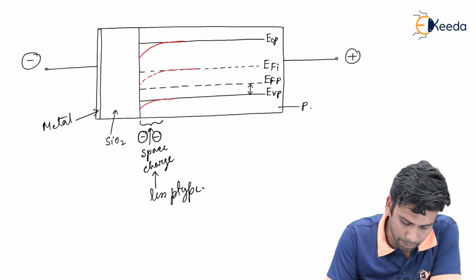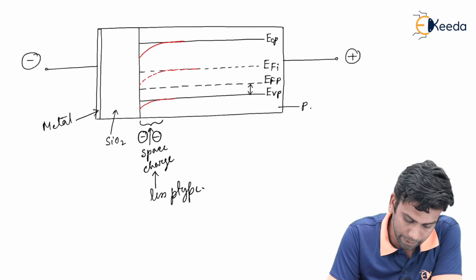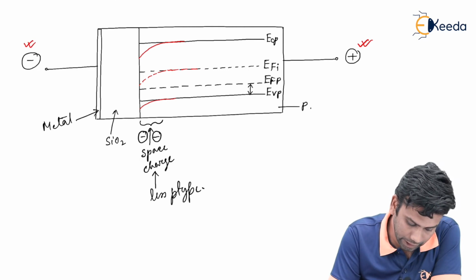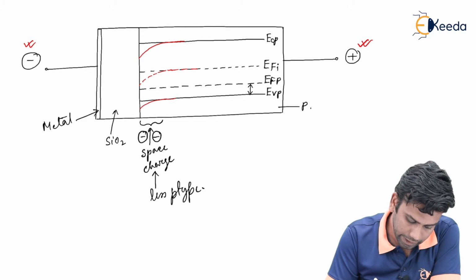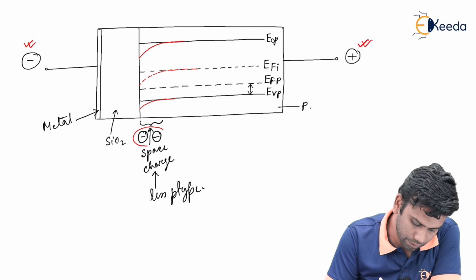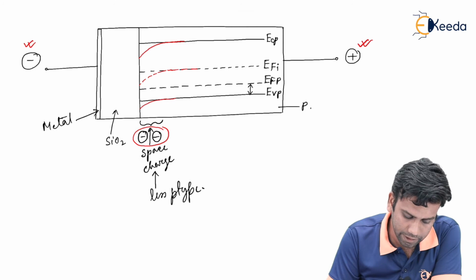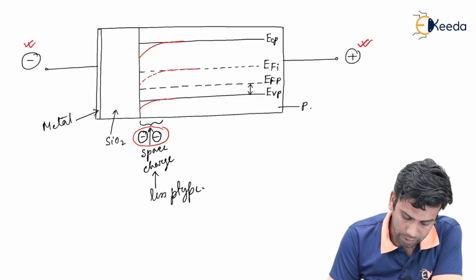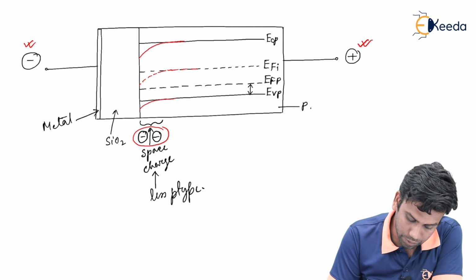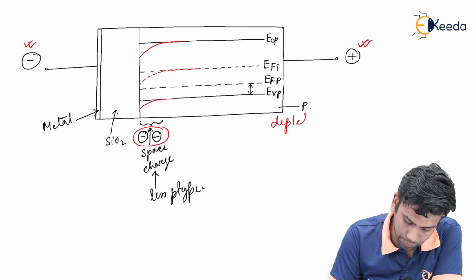So this type of band bending will happen when we apply a positive potential here and a negative potential here, due to the negative acceptor ions created under the interface of the SiO2. Now we have told that this is the depletion mode.